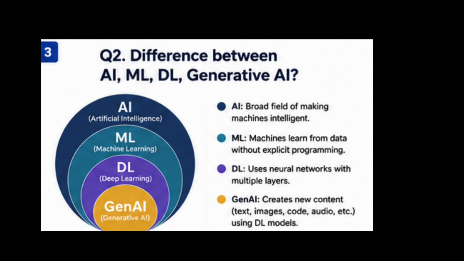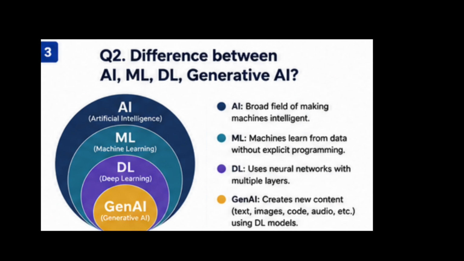Machine learning is a subset of AI where machines learn patterns from data instead of following hard coded rules. Deep learning is a subset of machine learning that uses neural networks with multiple layers to solve complex problems like speech recognition and image classification.